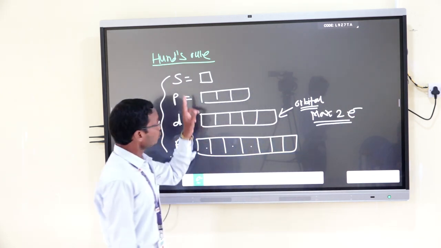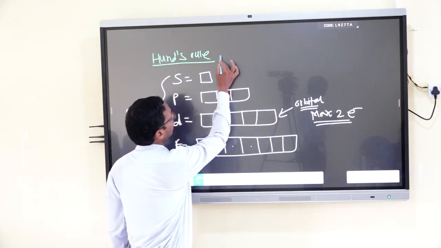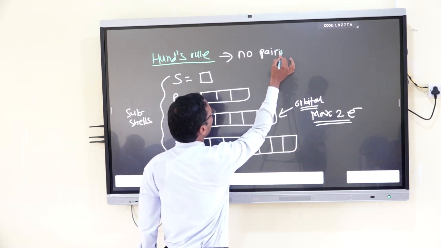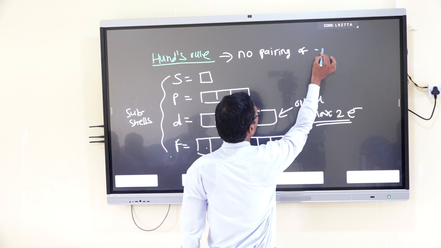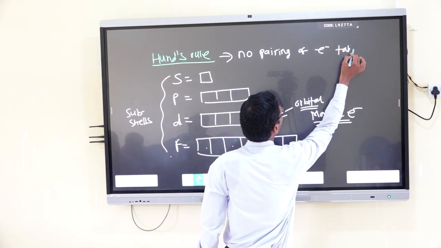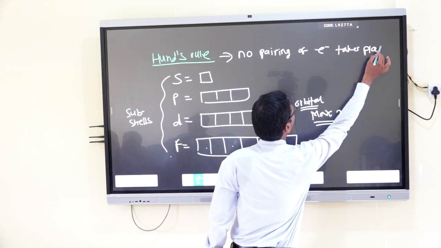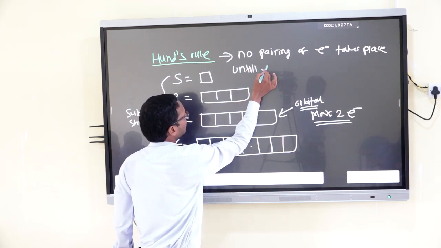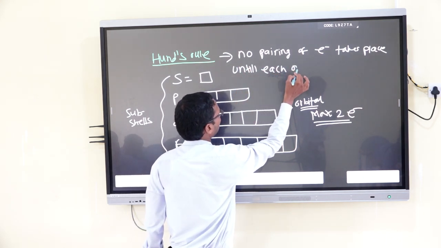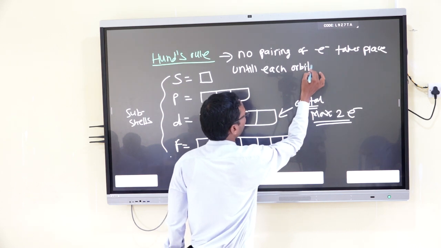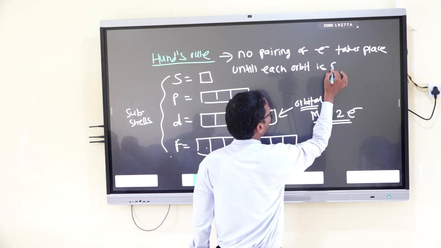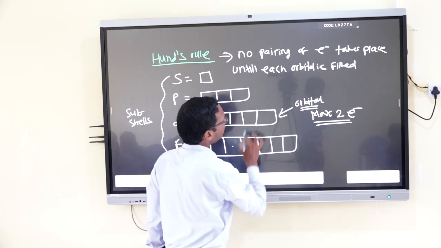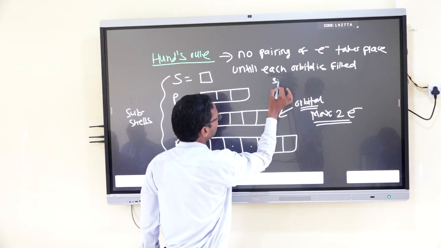But Hund's rule says that no pairing of electrons takes place until each orbital is filled by a single electron.